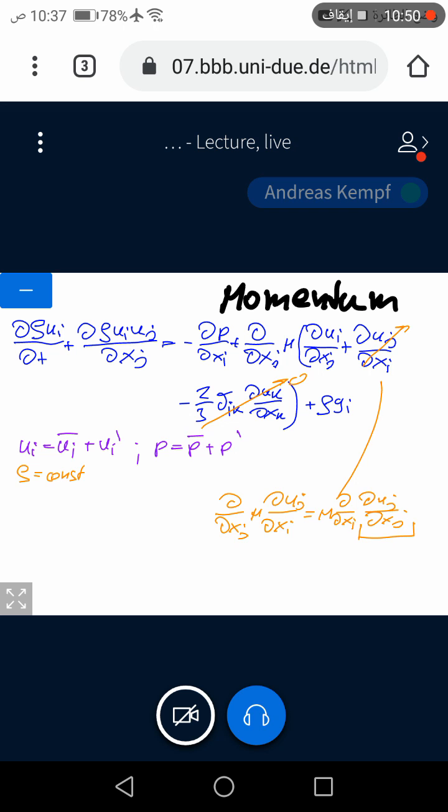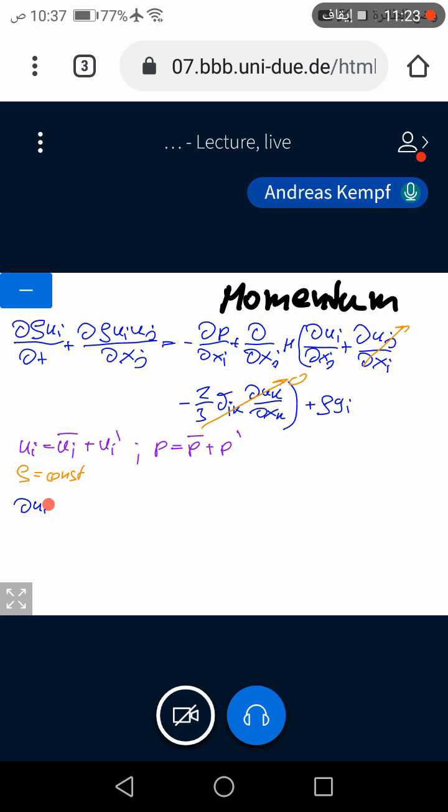And this here, again, is 0 for a constant density, because this is the divergence of the velocity field, and the divergence of the velocity field for a flow of constant density must be 0. This is the conservation equation for mass, okay, or the continuity equation. So I remove that again. And I write the simplified equation.